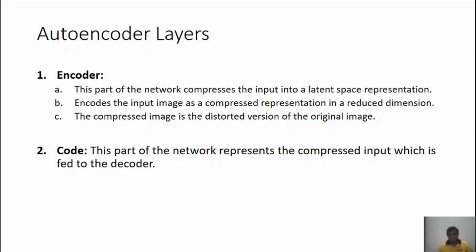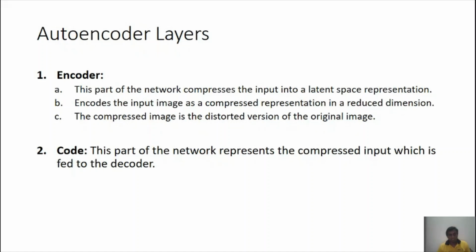Typically in autoencoders, the number of neurons in the hidden layer is much lower than the neurons in the input layer, and this basically forces the network to compress the information content in the input so that the hidden layers are able to retain most of the information that has been given to it from the input layer. And as you can see, there is also an output layer which is associated with the autoencoder.